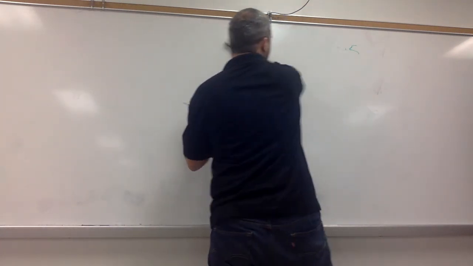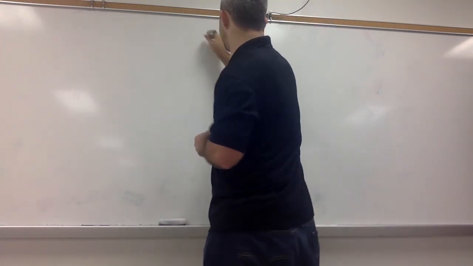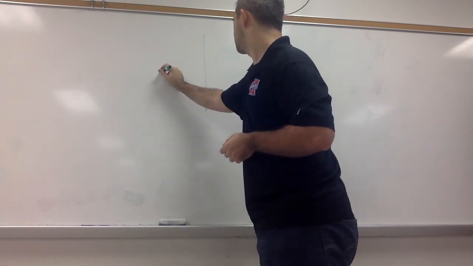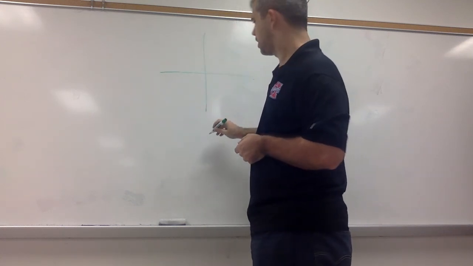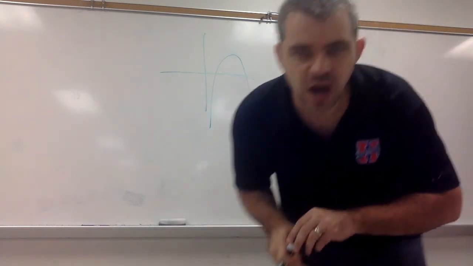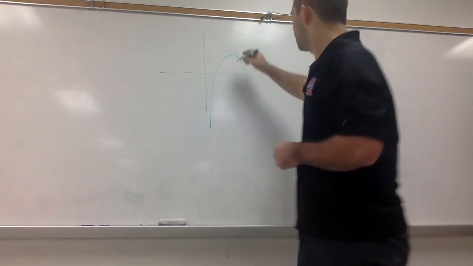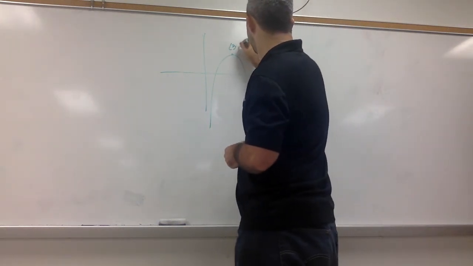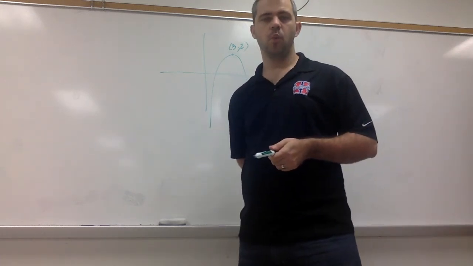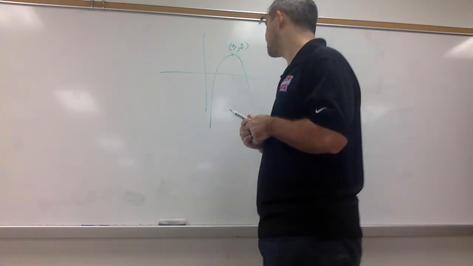So this next one, we have a parabola or maybe a quartic equation. Sorry, my markers are being goofy. And the vertex seems to be at 3, 2, okay? And it's asking over what intervals is this increasing, decreasing, or constant?